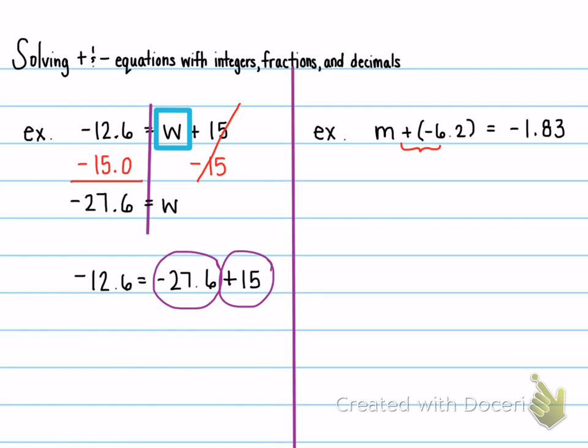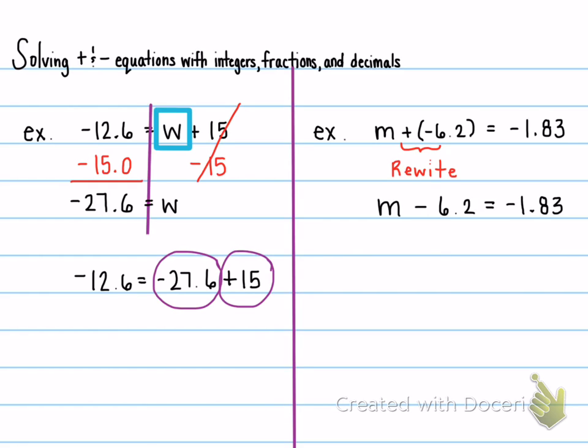So what I want to do is rewrite the problem so that I have a single sign and I'm not worried about all of those positives and negatives. So I have m. I know that plus a negative is the same as minus 6.2 equals negative 1 and 83/100.